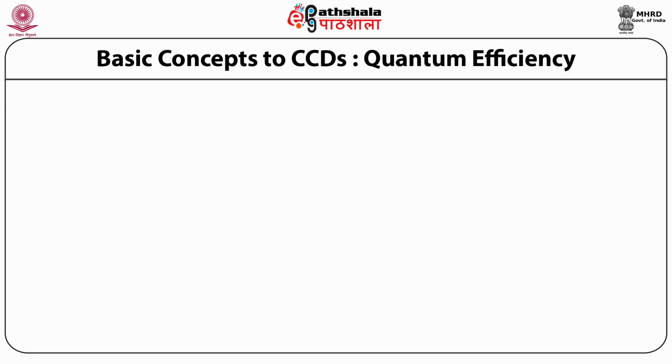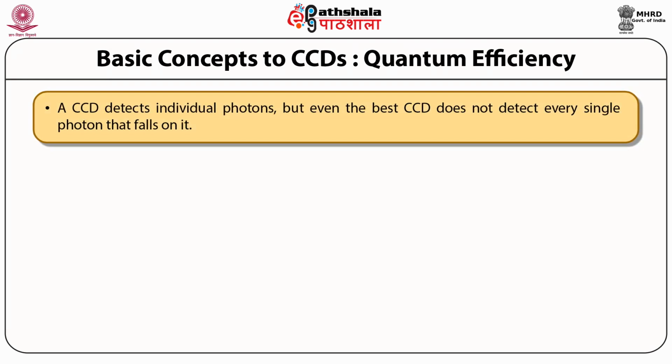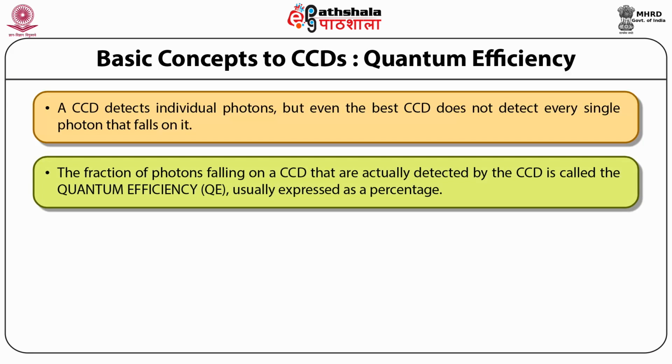Now, here we discuss some basic concepts of these CCDs. For that, we talk about the quantum efficiency. A CCD detects individual photons, but even the best CCD does not detect every single photon that falls on it. The fraction of photons falling on a CCD that are actually detected by the CCD is called the quantum efficiency, usually expressed as a percentage.